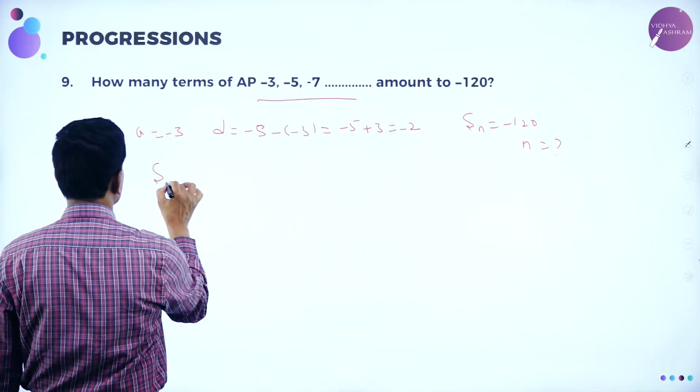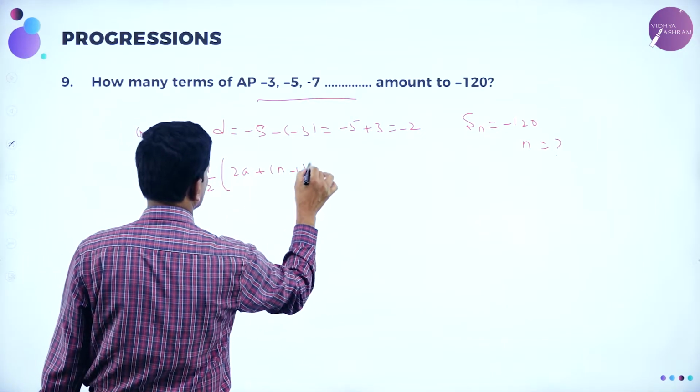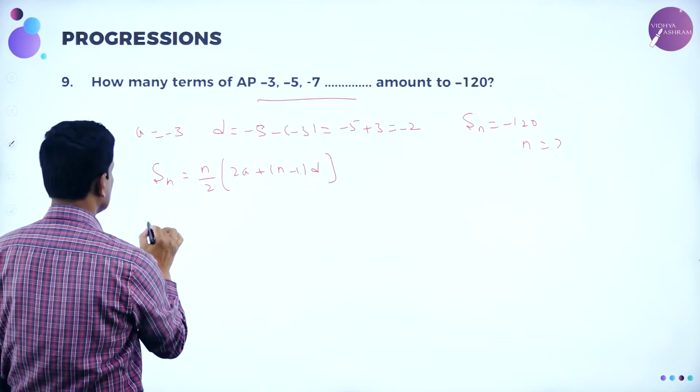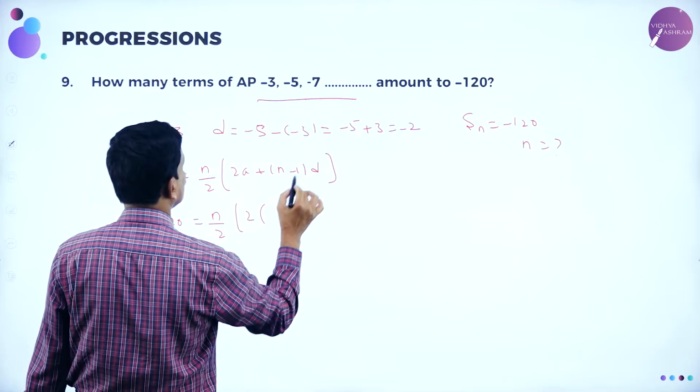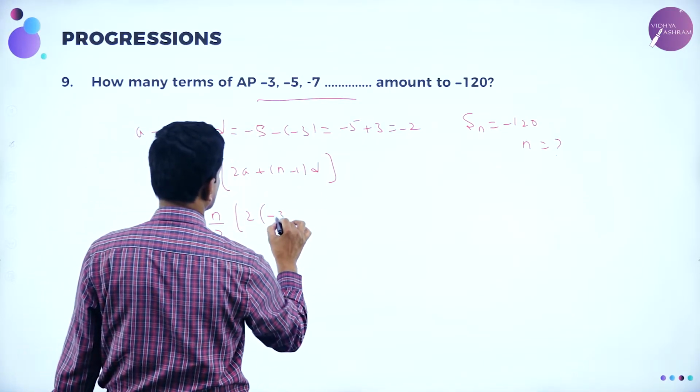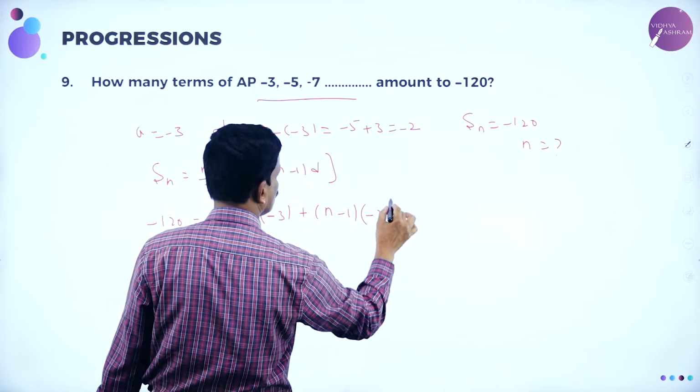Now we know the formula Sn is equal to n by 2 into 2a plus n minus 1 into d. What is Sn? Minus 120 is equal to n by 2 into 2 times a, a is equal to minus 3, plus n minus 1 into d. D is already given, minus 2.